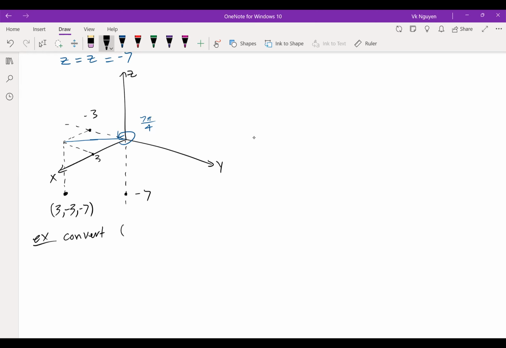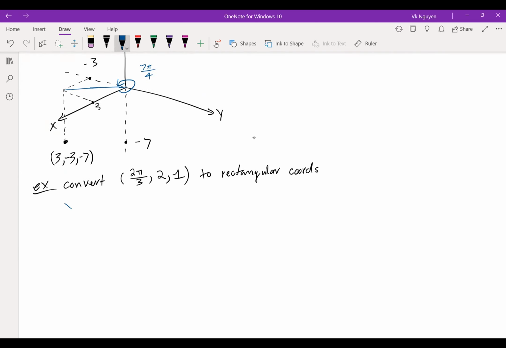Well, here's the cylindrical coordinate (2 pi over 3, 2, 1) to rectangular coordinate. X is r cosine theta, which is, well, radius is 2, cosine 2 pi over 3.